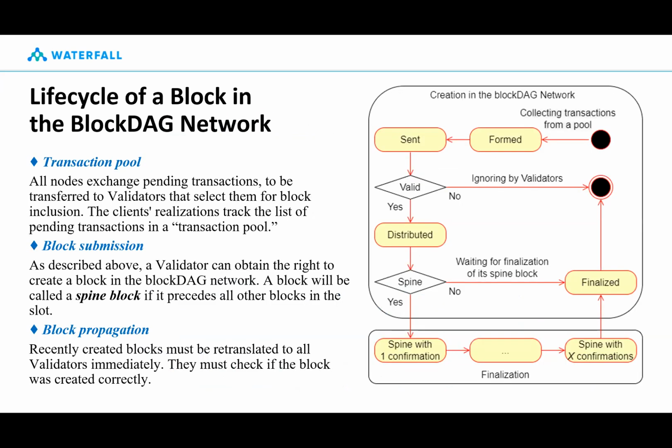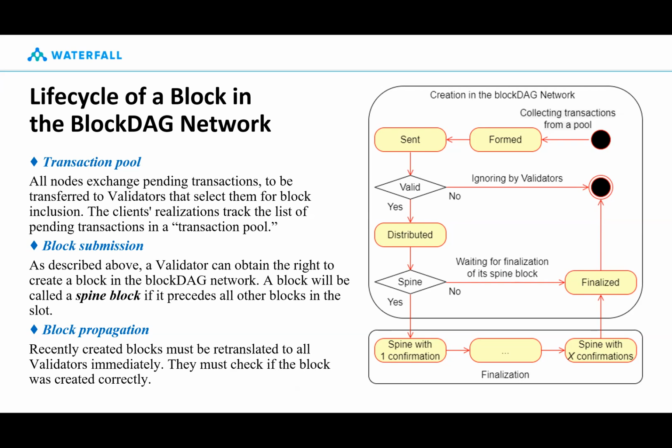So now let's talk about the life cycle of a block in the block DAG network. It begins in the shard. Basically, the life cycle begins in the sharding networks with the transaction pool. A crypto wallet user generates a transaction to another user. The transaction is sent to a node of the block DAG network.